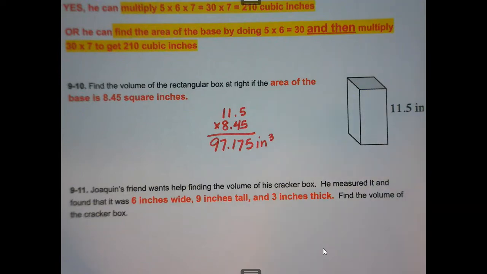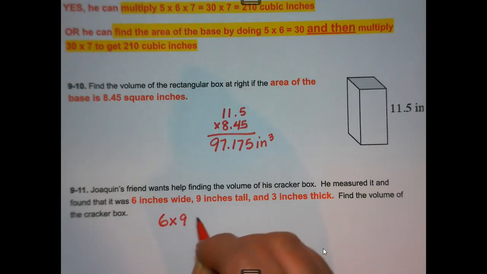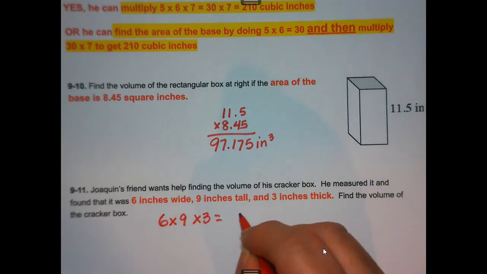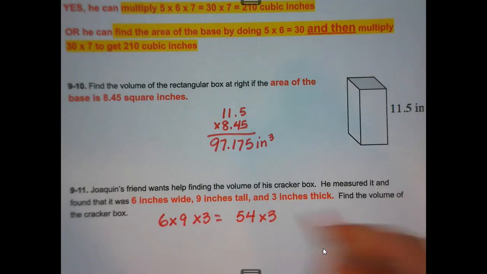So one of the simplest ways we can do this is our way that we learned back in elementary school. 6 times 9 times 3. And if we think about order of operations, we could simplify this, which would bring this down to 54 times 3.